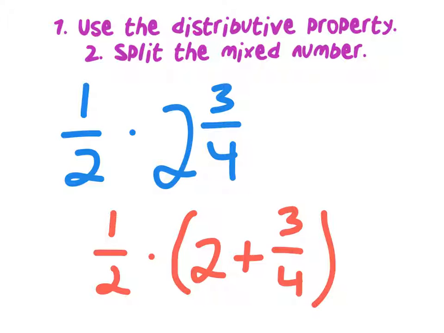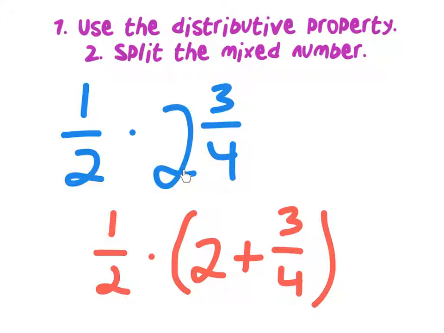And the first method is going to be asked to multiply 1/2 times 2 3/4. Now, just a quick review. A mixed number is a fraction that has a whole number with it. 2 is our whole number and 3/4 is our fraction. They constitute the mixed number.